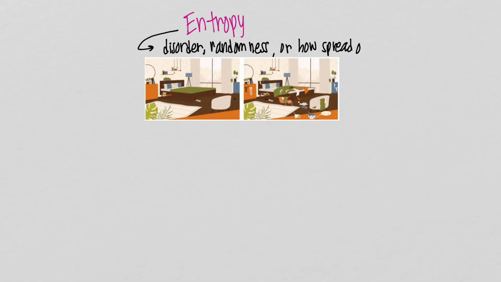And lastly, entropy. Entropy can be defined as disorder, randomness, or how spread out energy and particles are.